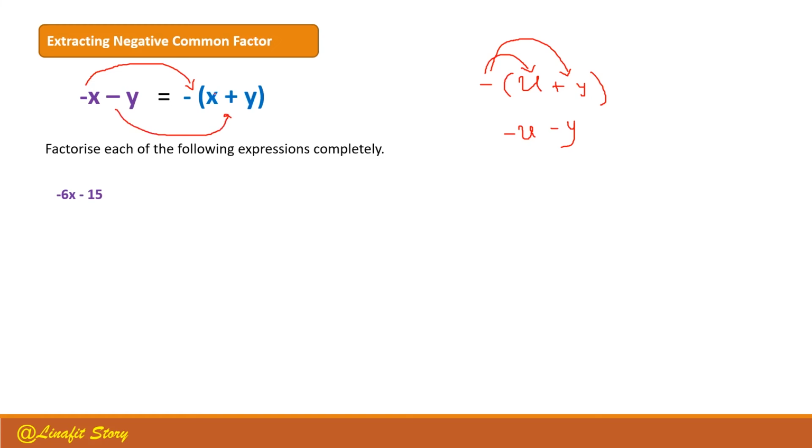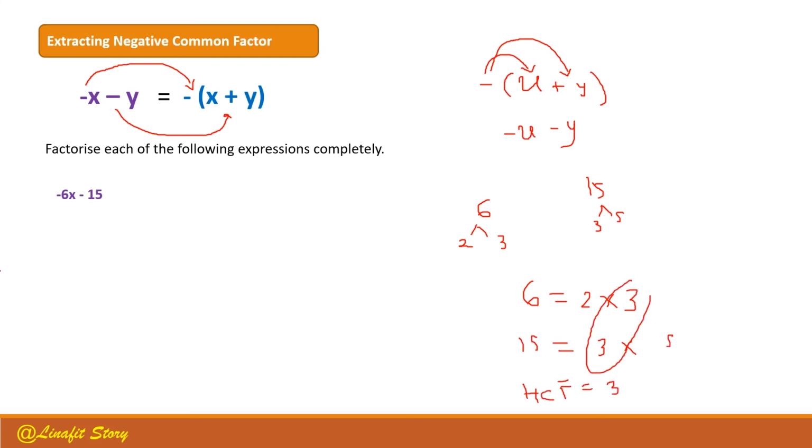Now let's try to factorize each of the following expressions completely. Negative 6x minus 15. 6 divided by 2 is 3. 15 divided by 3 is 5. So 6 is 2 times 3, while 15 is 3 times 5. So the HCF of 6 and 15 is 3. So, when you factorize negative 6x minus 15, negative 3 is the common factor.